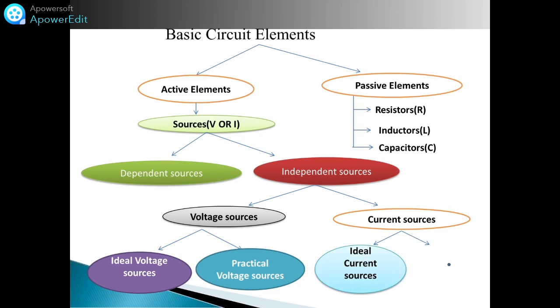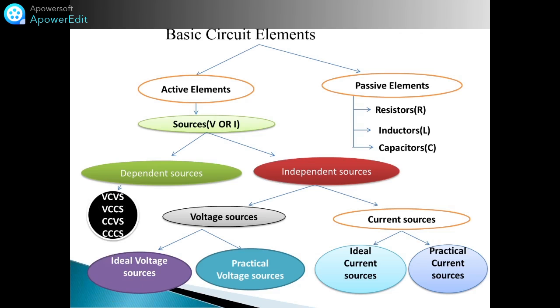First one is ideal current source, second is practical current source. We will discuss these ideal and practical sources in detail in future classes. In dependent sources, there are four classifications: voltage controlled voltage sources, voltage controlled current sources, current controlled voltage sources, and current controlled current sources.